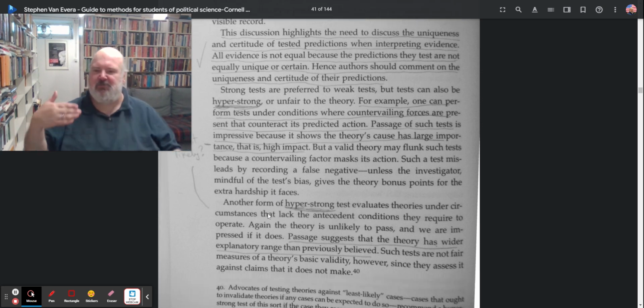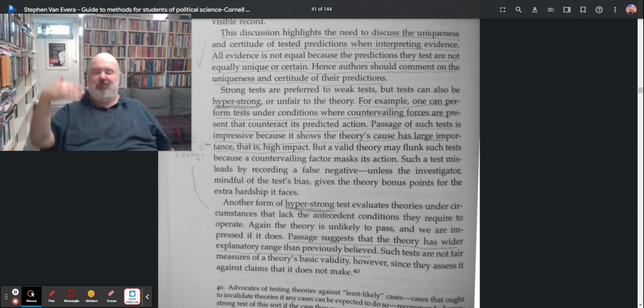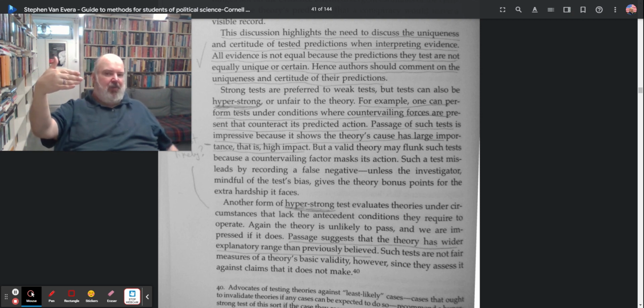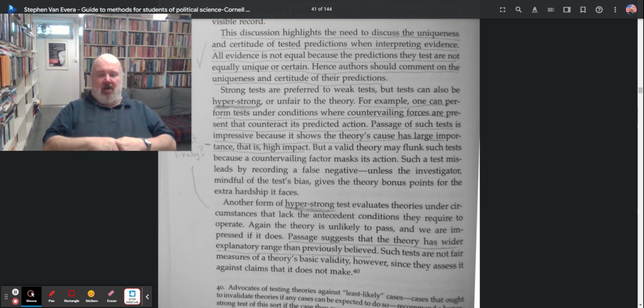You have to understand this. This is why when we use polling data to understand things, polling data has these plus-or-minus figures.